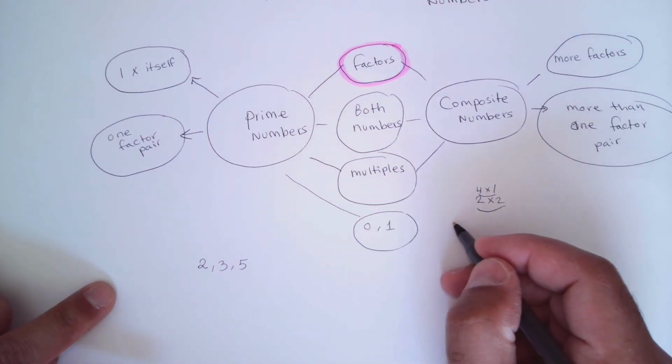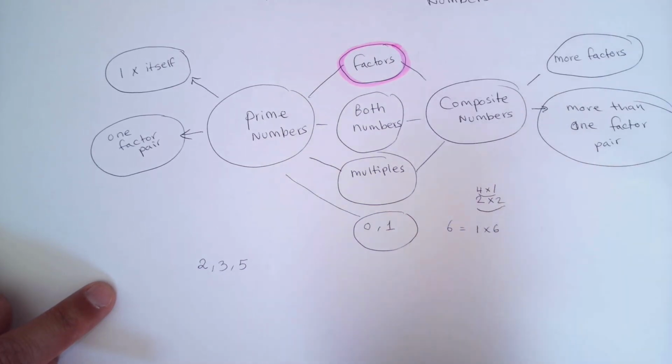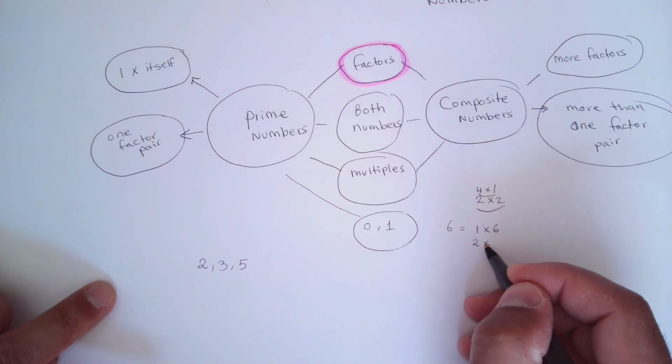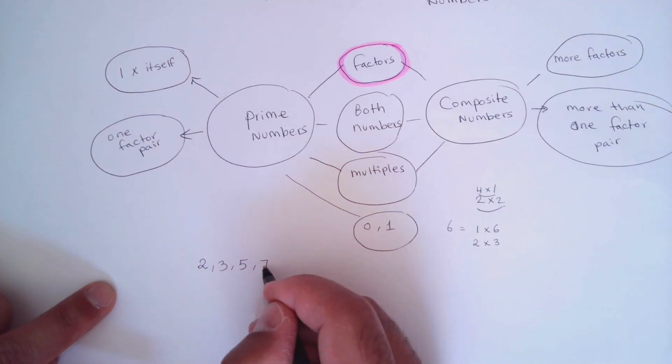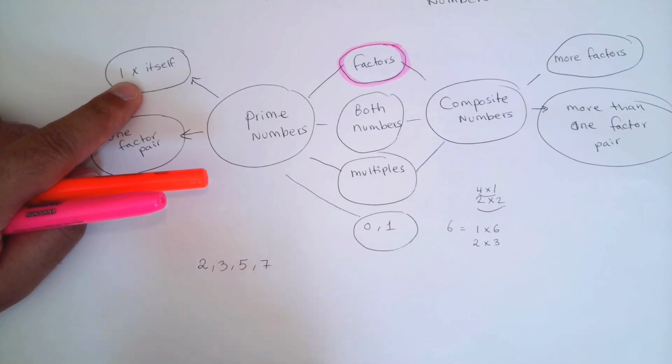6, I can get it by 6 times 1. So is it the prime number? No, it is a composite because you can use also 2 times 3. 7, I can get it by 7 times 1. But if I look at my multiplication table or go over the facts that I remembered, 7 can only come by 1 times 7.